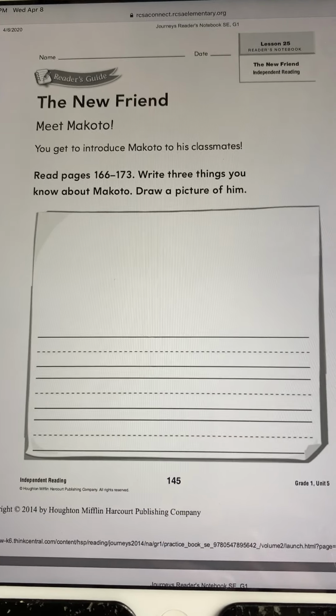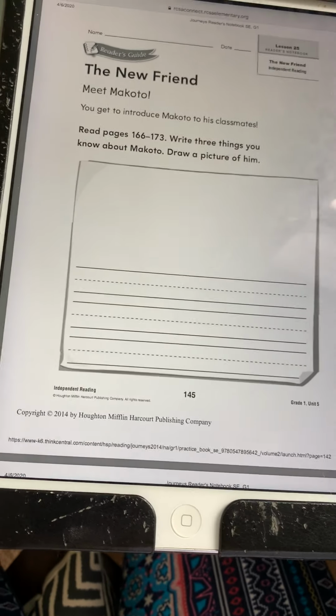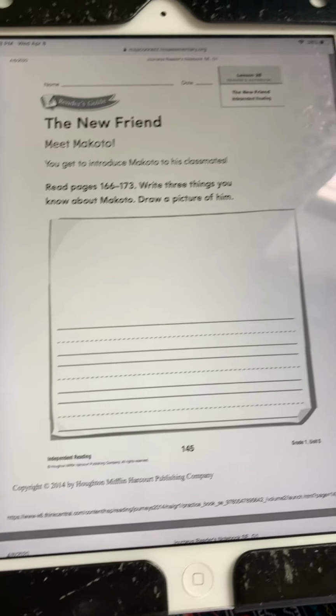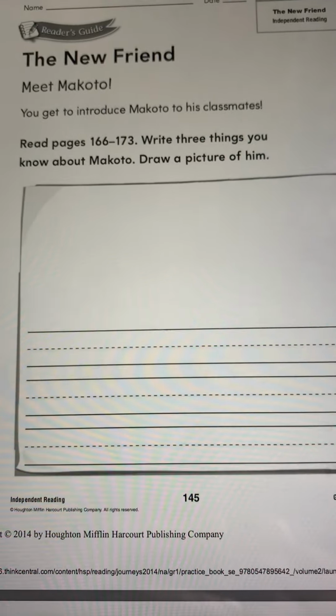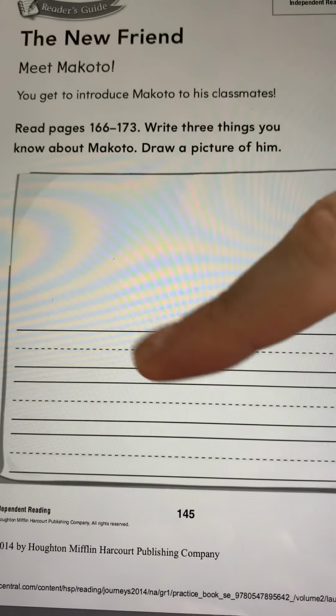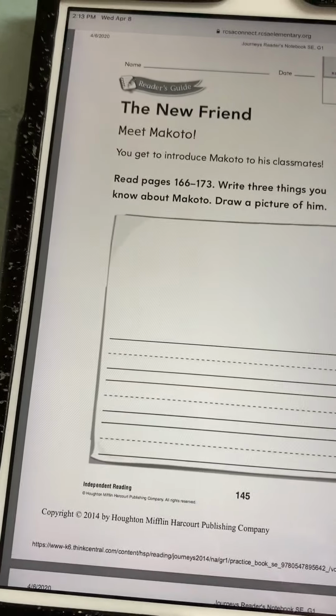Okay, so let me move on. This is under classwork as well, but it's under a separate attachment because I forgot to attach it. So this is a quick little writing. We are writing 3 things that we know about Makoto, and you're drawing a picture of him. So for 3 sentences, you can write 3 different things. You can describe him.